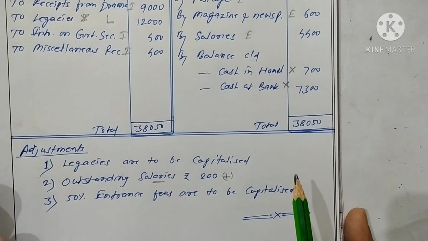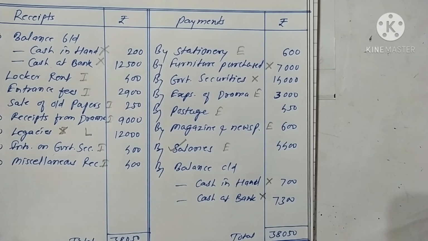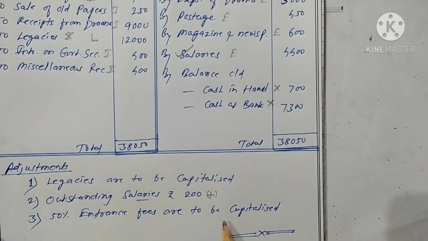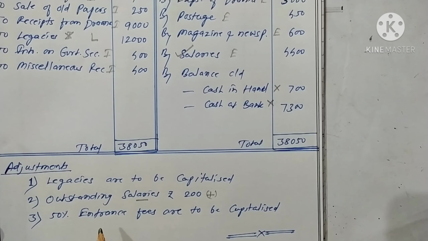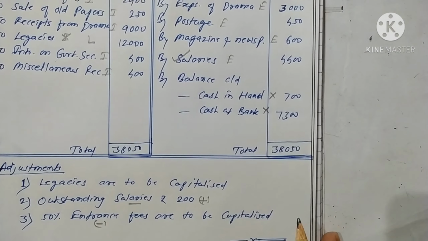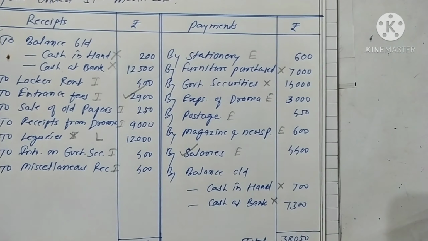It is just a single effect, so we take out the salary figure and add it to salary. Now the last one: 50% of entrance fees are to be capitalized. It is to be deducted from entrance fees and added to the capital fund. Just a single effect, deducted from entrance fees. Okay, now we go to the answer sheet.